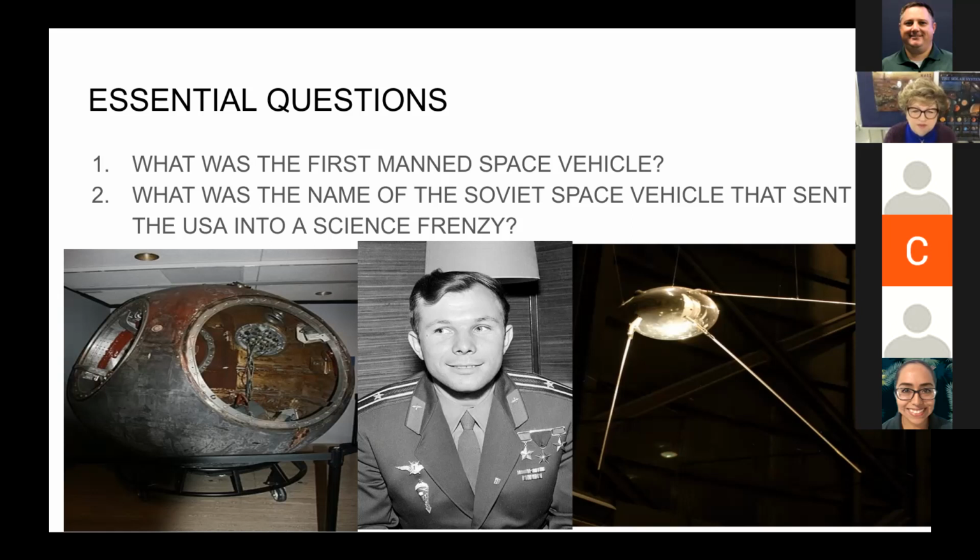That's a picture of him in the middle, and that's the vehicle he rode. Look at that thing over on the far left-hand side. It's called Vostok 1, and it looks kind of scary to me, but he came back alive. So that was the first manned space vehicle. It was Soviet, what we now call Russia, and was Russia before it was the USSR too.